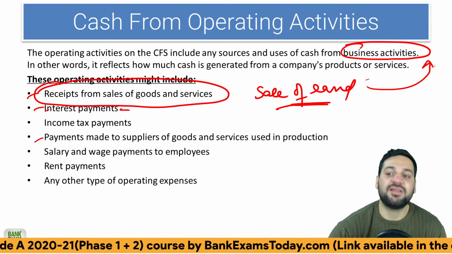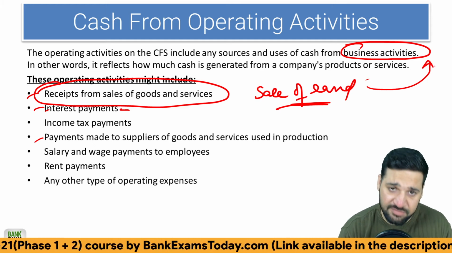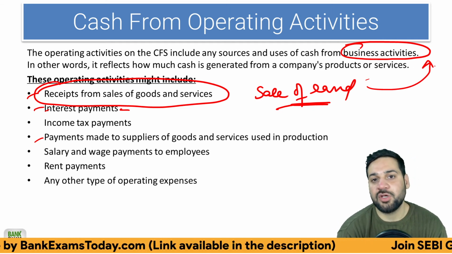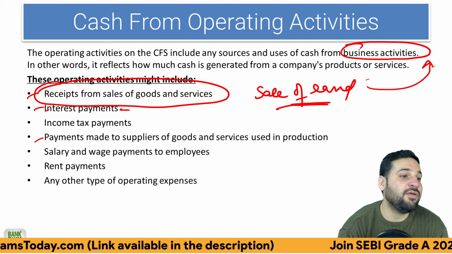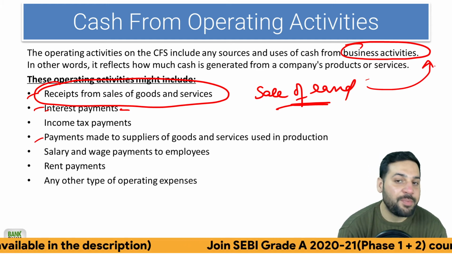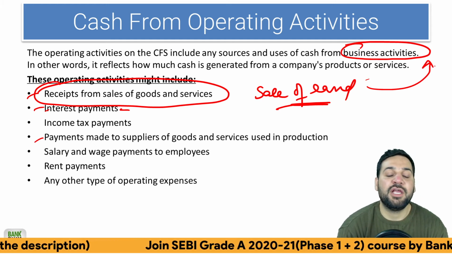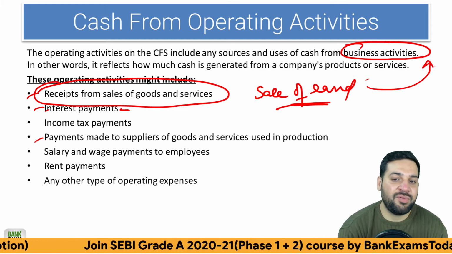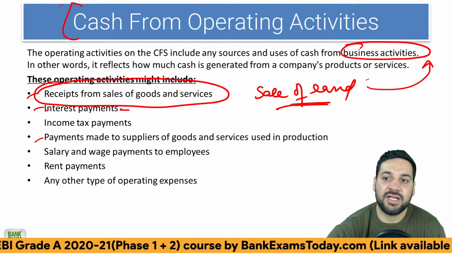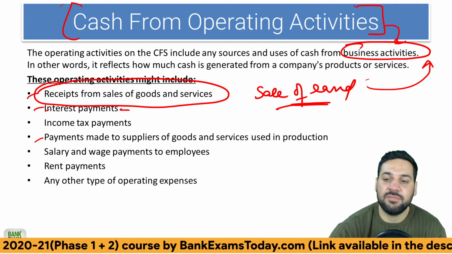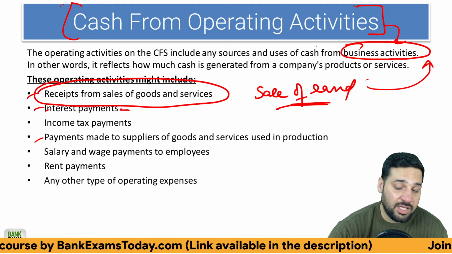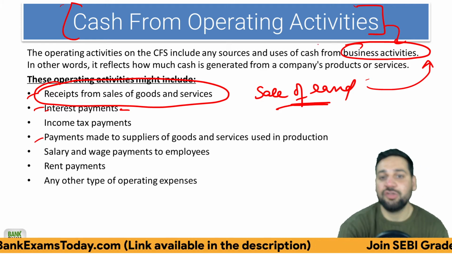Any cash flow that is related to the business activity, let's say sale of furniture: if you are in the business of selling furniture, that is your day-to-day activity, that is your operating activity. But if that is not a regular activity for a business, that's not an operating activity. Please note that down. The cash raised from the regular day-to-day business activities, that is operating activity.